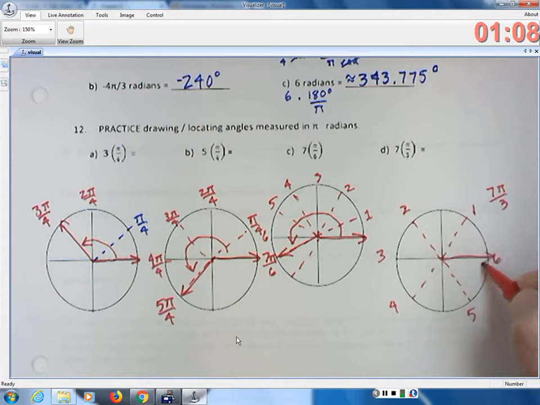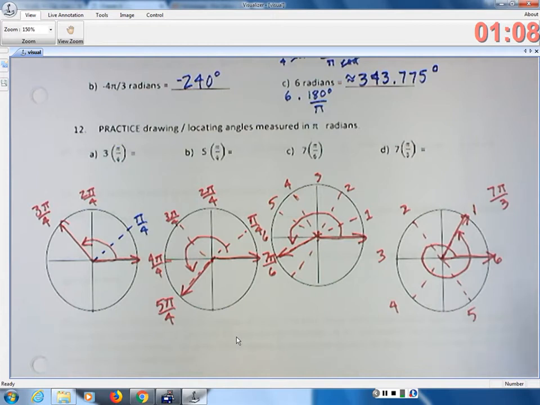So we have to go around the circle once and stop there. I was just counting my pi over 3, about 60 degrees. And we'll stop there.